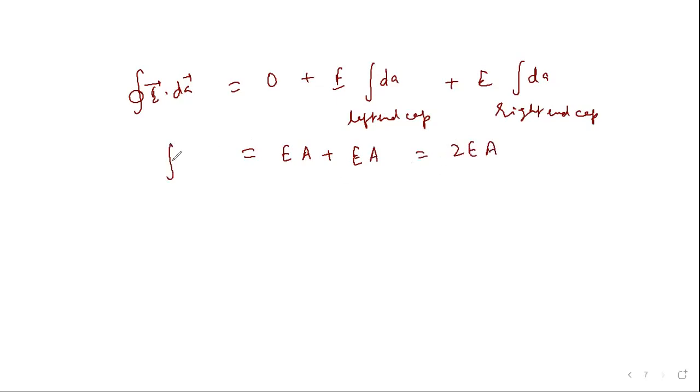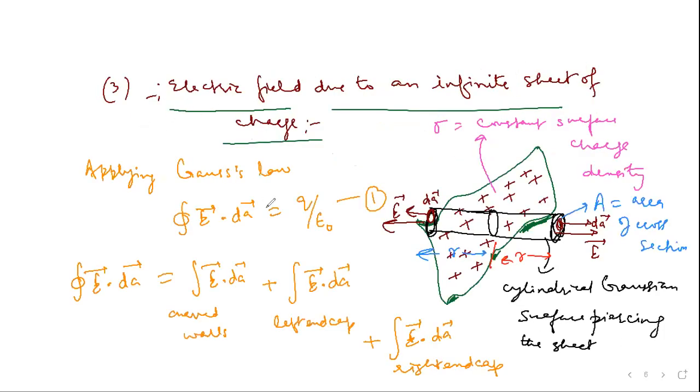So I have calculated the left hand side of Gauss's law. Let this be my second in this particular application. So I'm numbering equations application wise, not in overall lecture. What about Q?